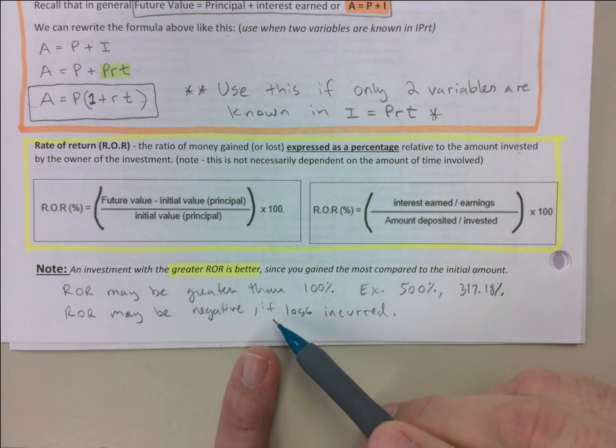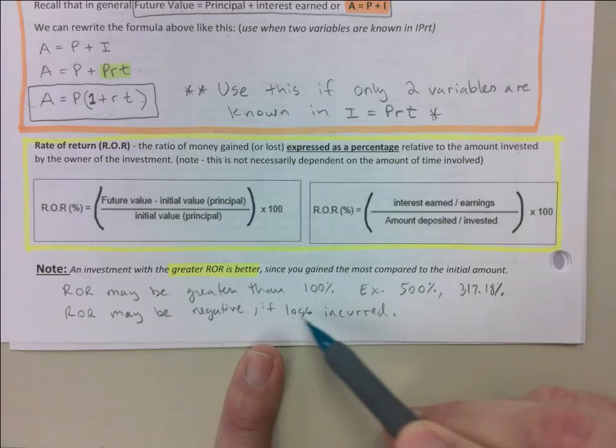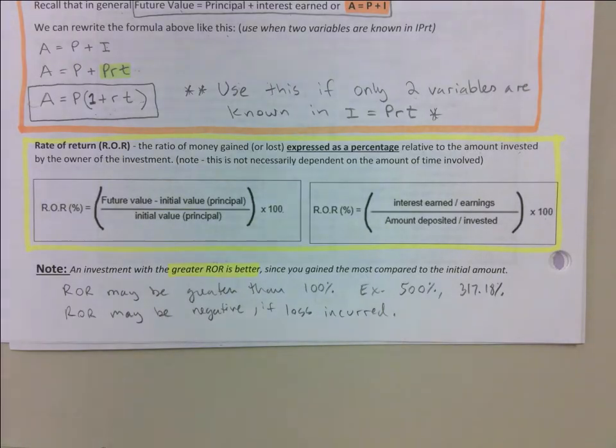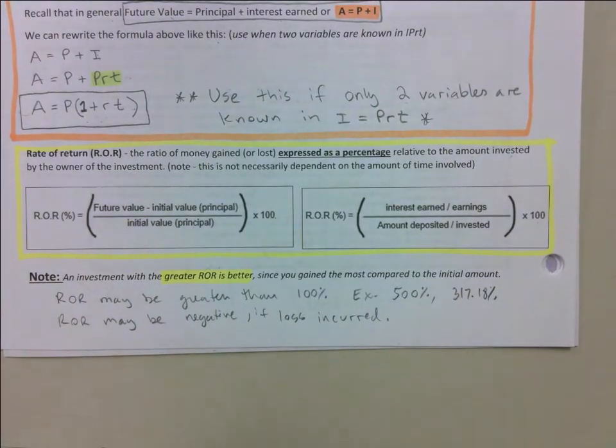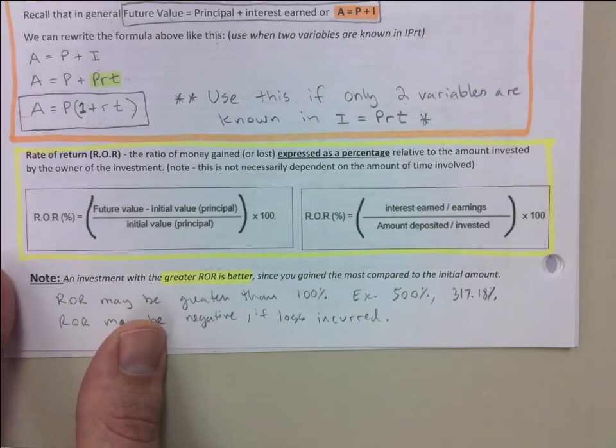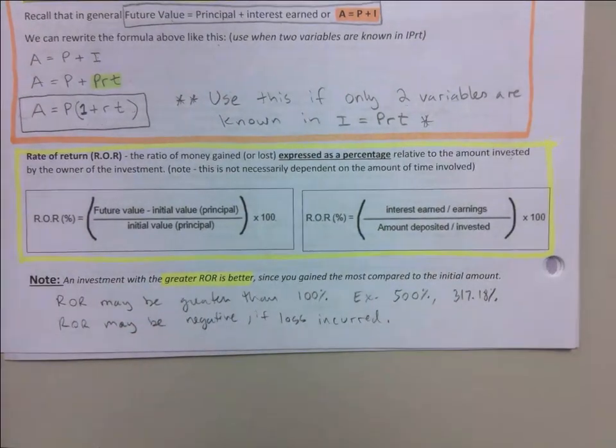If you're not sure about if loss, Kurt just says, tell yourself if you lost money. If you lost money, it's negative. I have never seen a negative rate of return on an exam, but you never know what they're up to, right? So maybe I will make it a point to bring it up somewhere on an AC so that if it happens, we are comfortable with that. We shouldn't be comfortable with loss, but it happens.